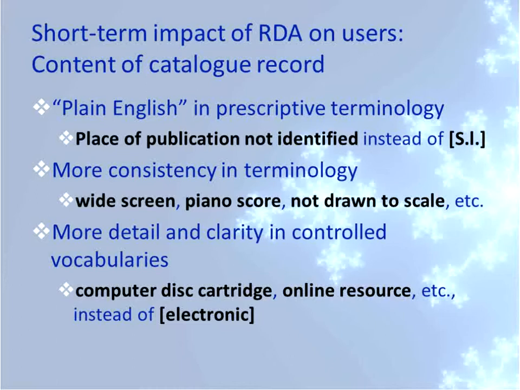That has been replaced by the phrase place of publication not identified. It's an attempt to make it obvious to users what the information is trying to convey, and not rely on users having classical educations, for example. So all of these Latin abbreviations have been replaced in RDA. There's more consistency in the terminology.